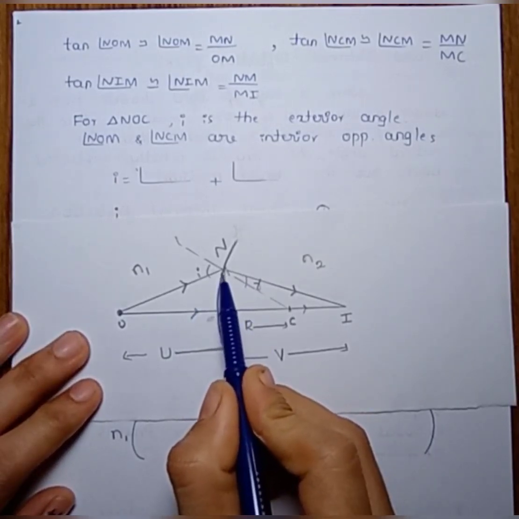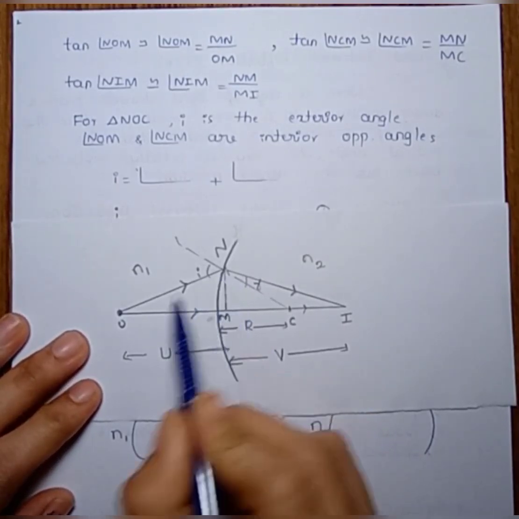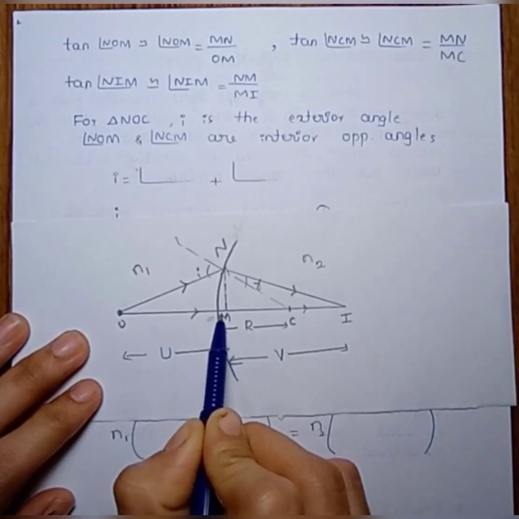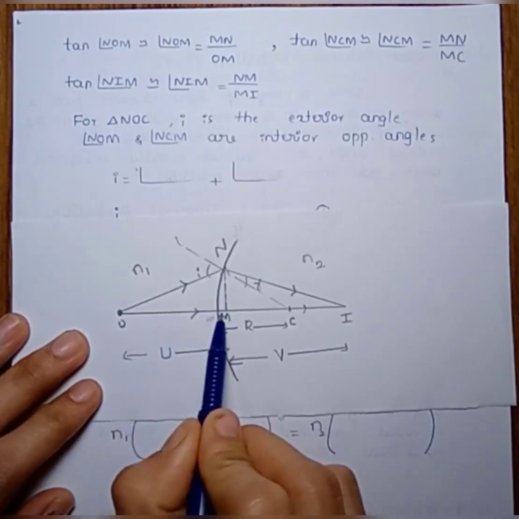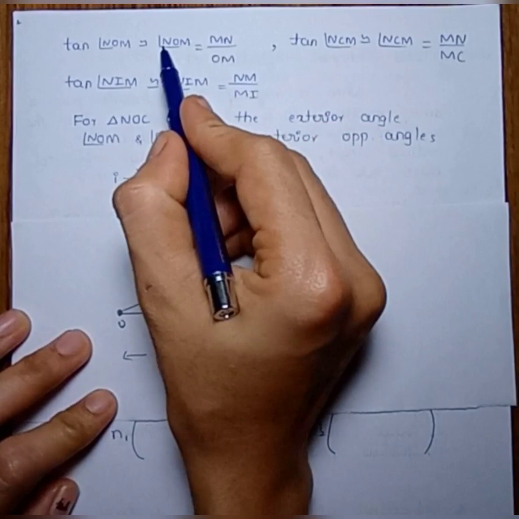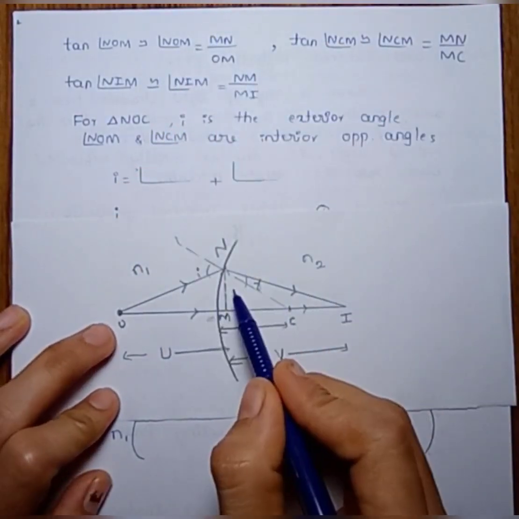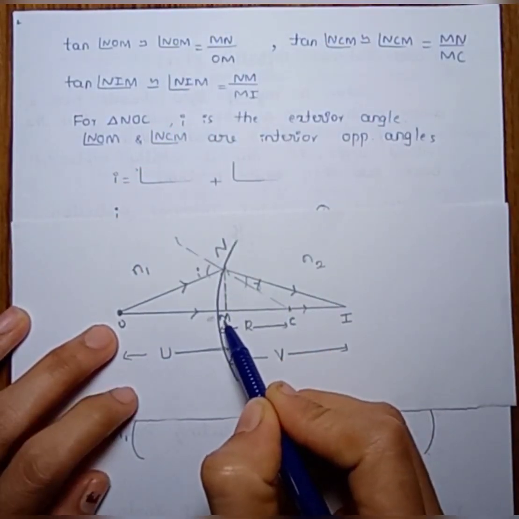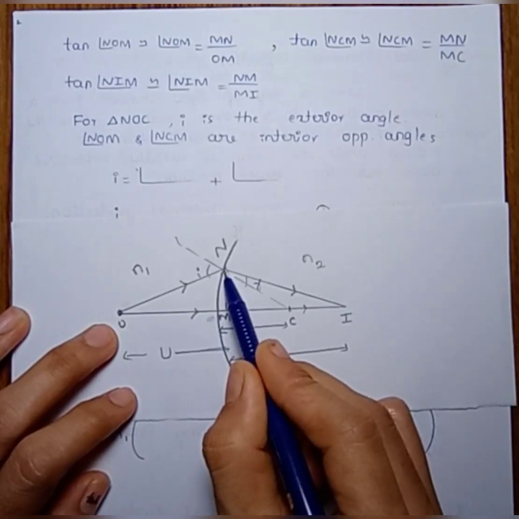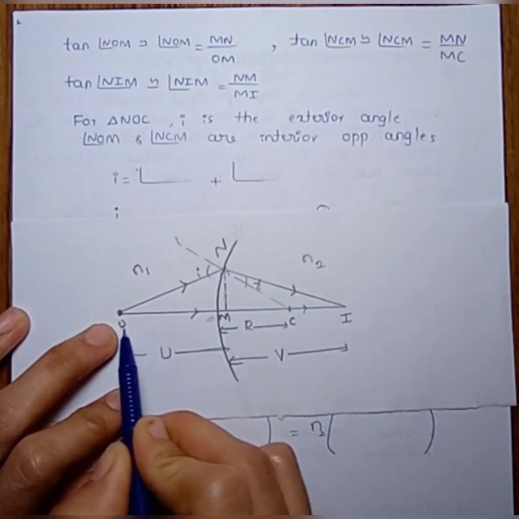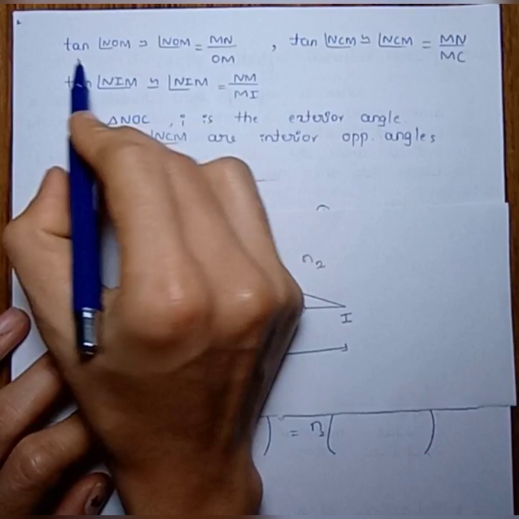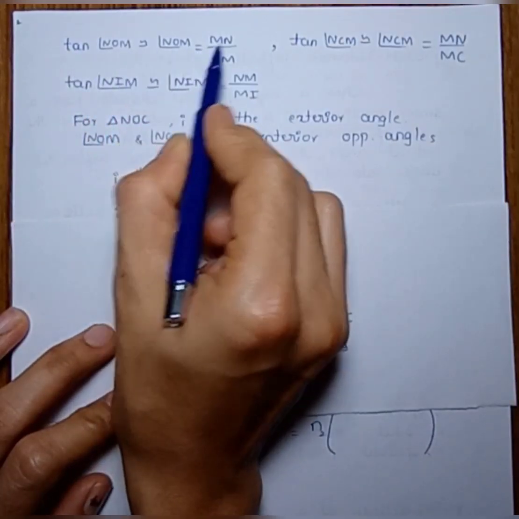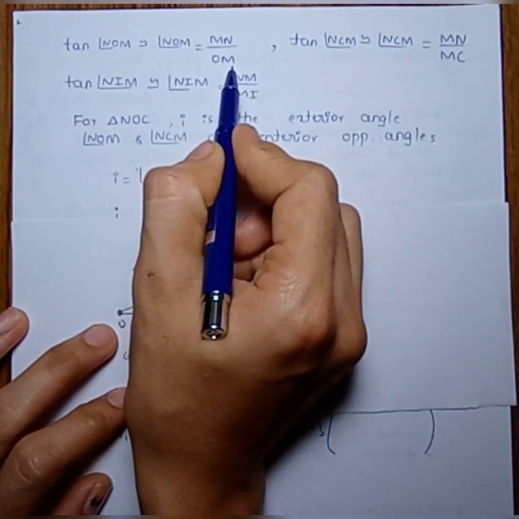Now apply tan theta to the triangle NOM. Then tan NOM, which is nearly equal to angle NOM, gives opposite side MN divided by adjacent side OM, so tan NOM equals MN divided by OM.